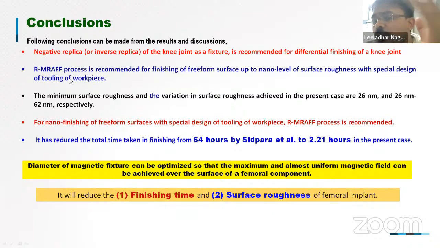Freeform surface means any complicated shape. As I told in my first slide, a freeform surface cannot be defined by any mathematical equation, so it is very challenging to develop the fixture for a particular process. Here we have achieved 26 nanometers, and the range of the surface roughness over the surface is 26 to 62 nanometers.